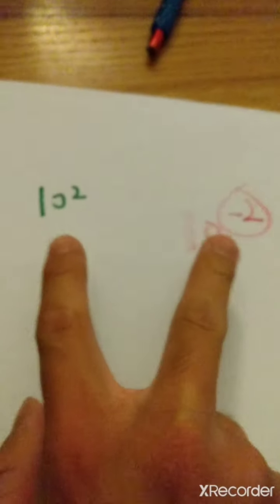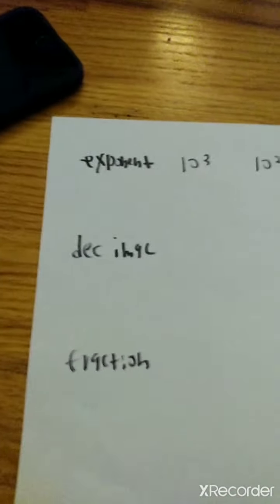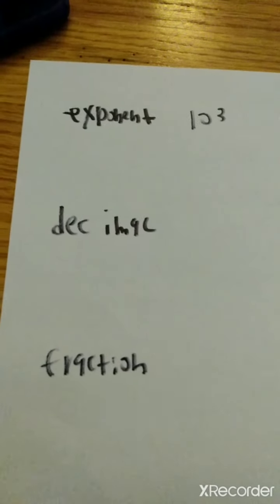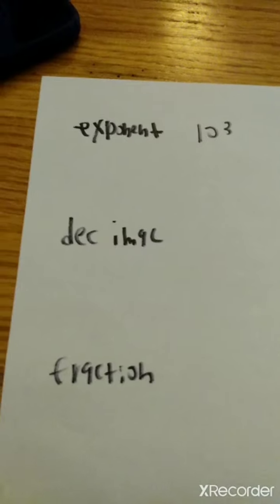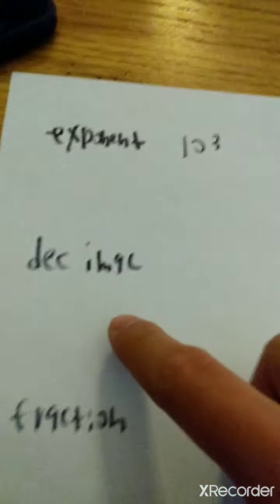In order to learn about negative exponents, we're going to be taking a look at a diagram so we can compare the two and see how they're different. So here's the diagram that we're going to be using. There are exponents, decimals, and fractions. You can turn an exponent and a number into a decimal and a fraction.